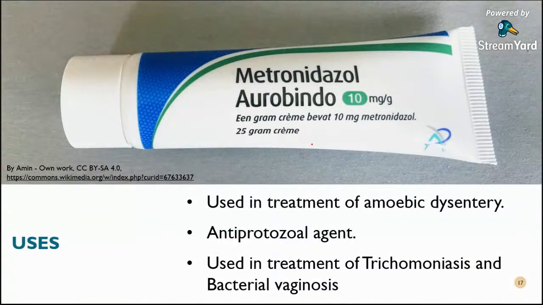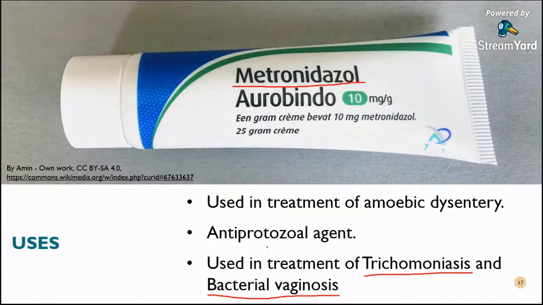Sometimes the cream is used. Here I have taken one photo of metronidazole cream. This cream is basically useful for treatment of bacterial vaginosis, the bacterial infection of the vagina, as well as trichomoniasis, an infection by one of the parasites, trichomonas.